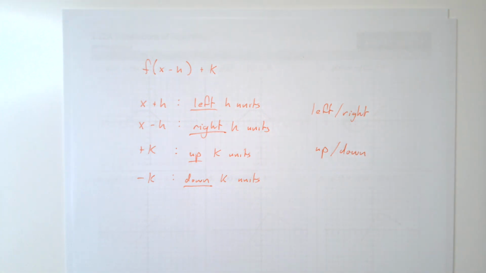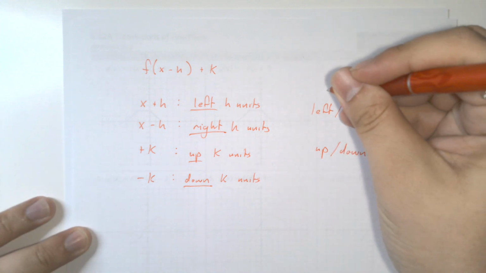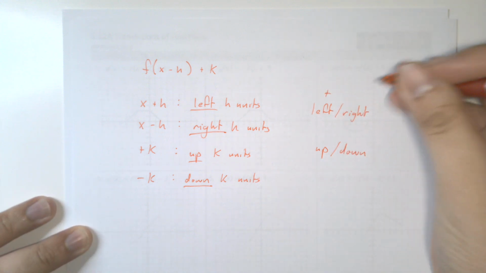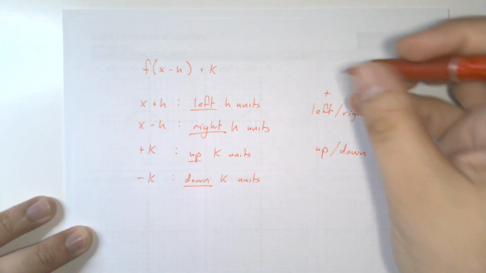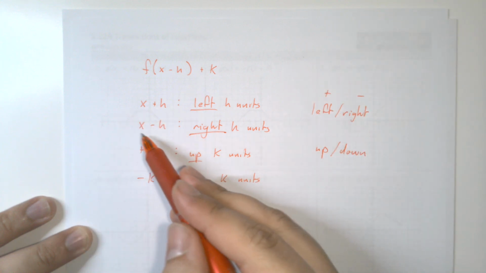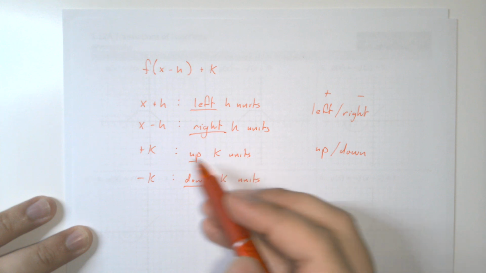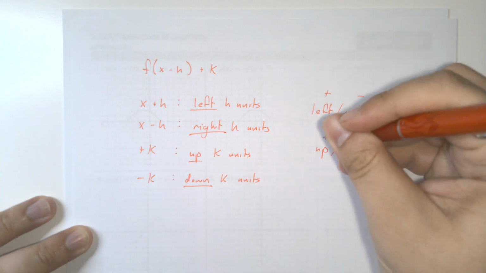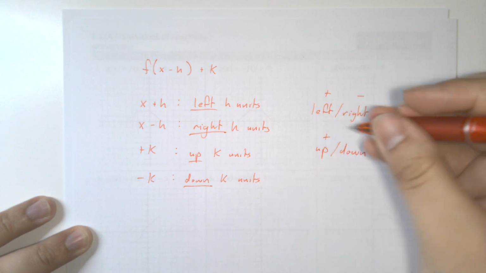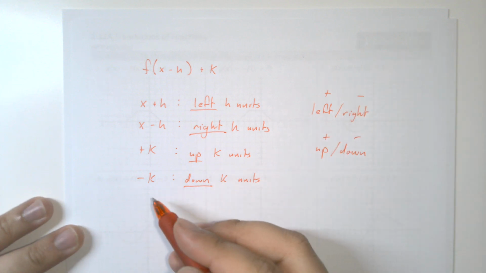Anytime I'm giving directions, I usually say left, right, up, down in that order. And what's nice about that is that left is plus, so plus h, and right is minus. And with k, up is plus and down is minus.